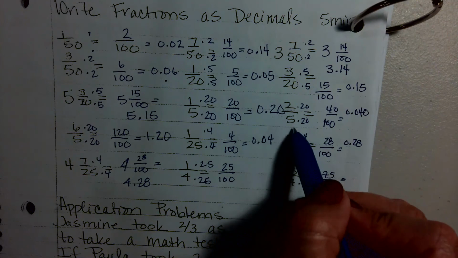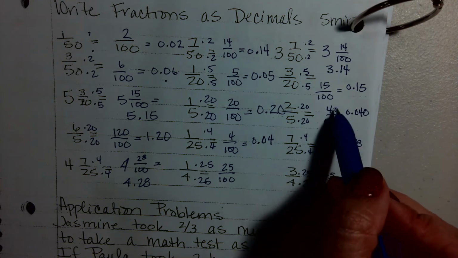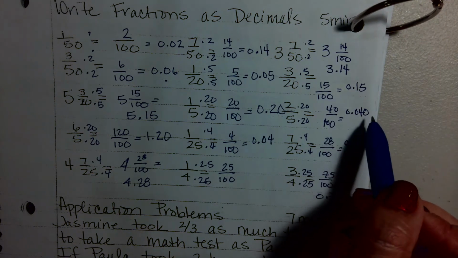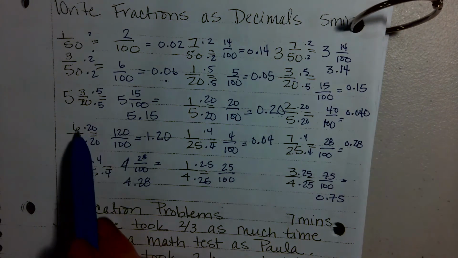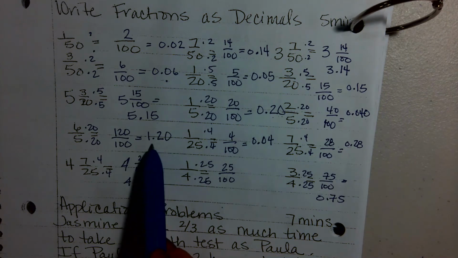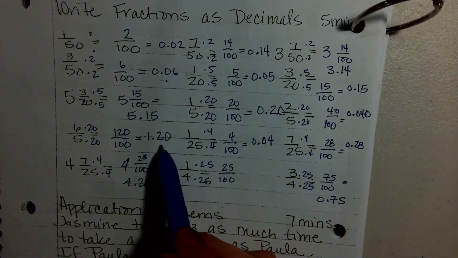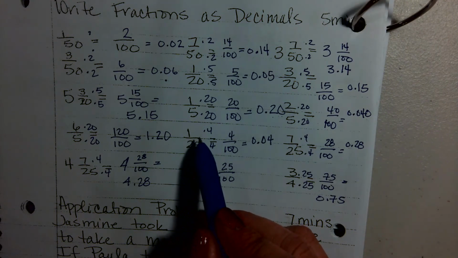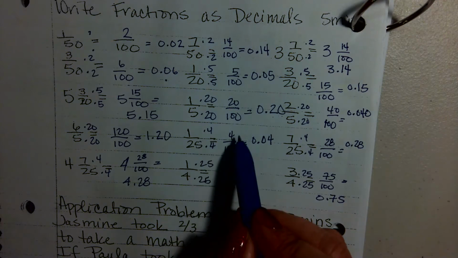All right. 2/5, multiply top and bottom by 20 to get 40 hundredths, and you get 0.40, 40 hundredths. 6/5 is going to give you more than 1, so 120 over 100 is 1.20. 1/25 multiplied by 4 over 4, 4 hundredths.